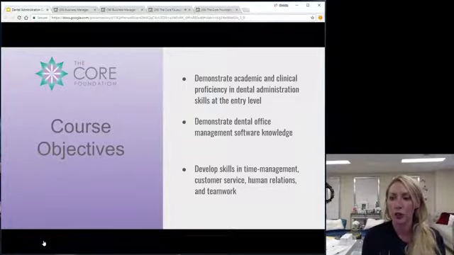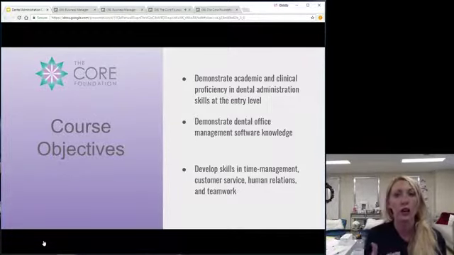You'll also learn to demonstrate dental office management software knowledge. In our course, we teach Dentrix, which is one of the major dental management software systems.